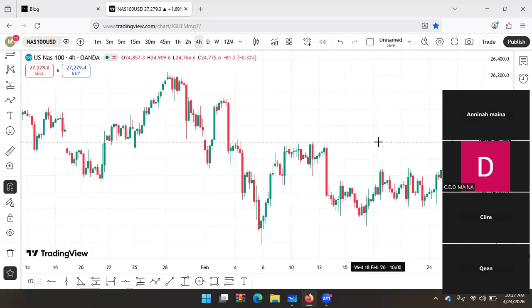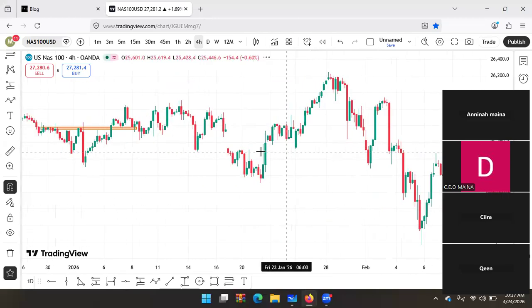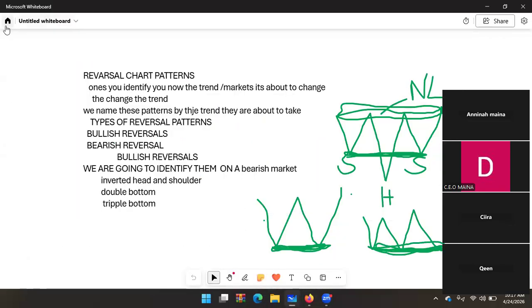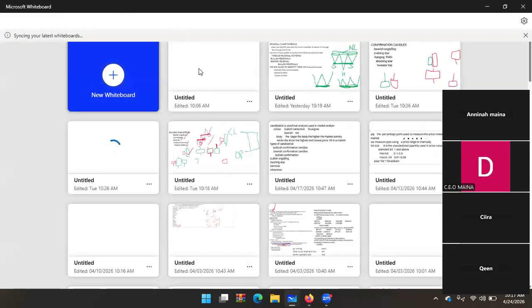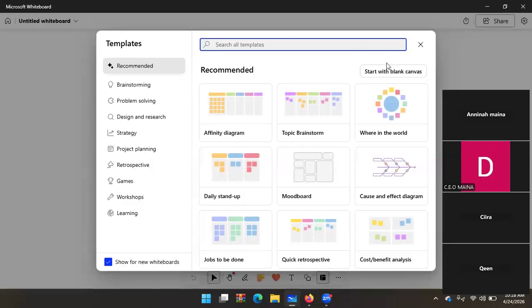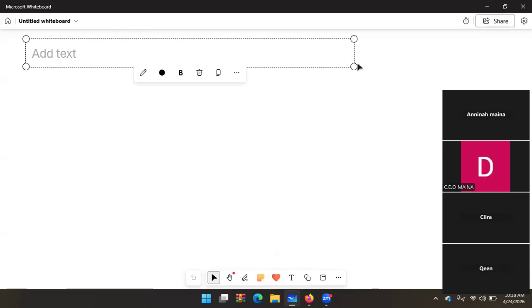So let's continue. Now today we start on the bearish reversals, because we were dealing with bullish reversals. Now let's start on bearish reversals.